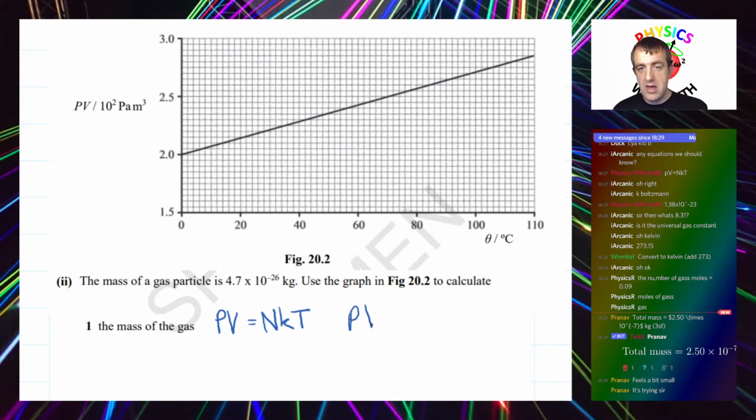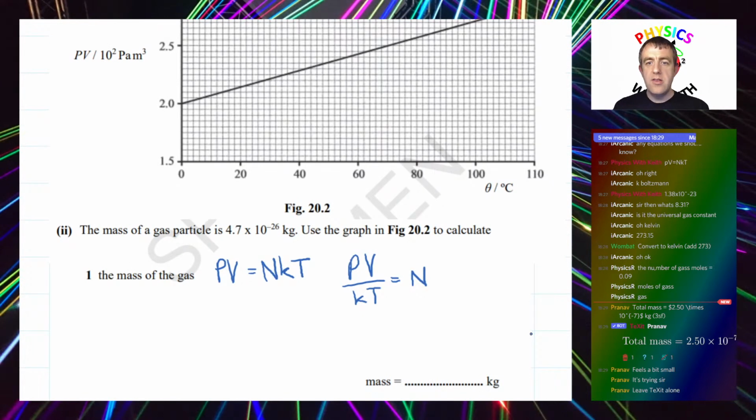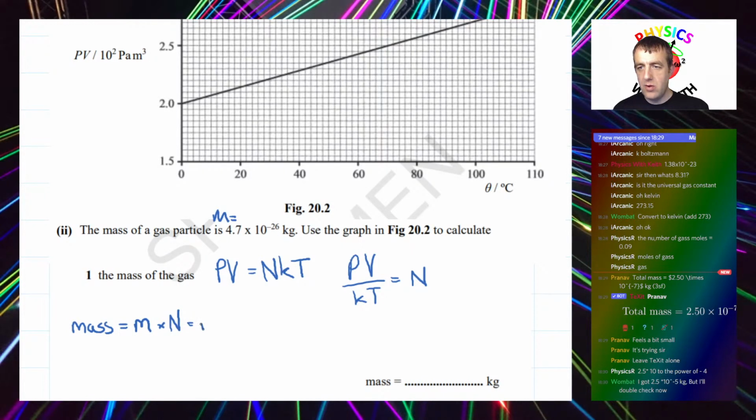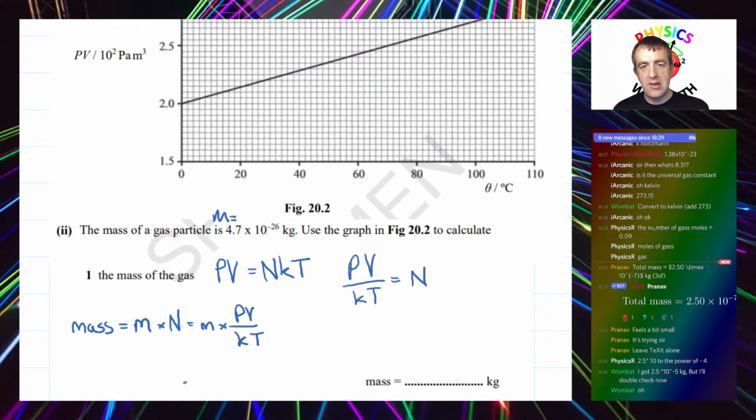So PV divided by kT is equal to N. So the mass of my gas is going to be the mass of one particle, which I'm given here, multiplied by the number of particles. That's the mass of one particle multiplied by PV over kT.